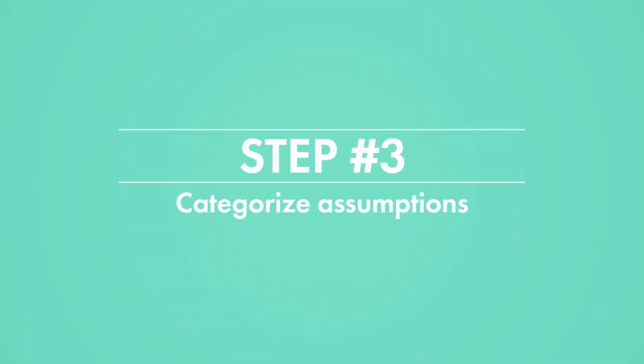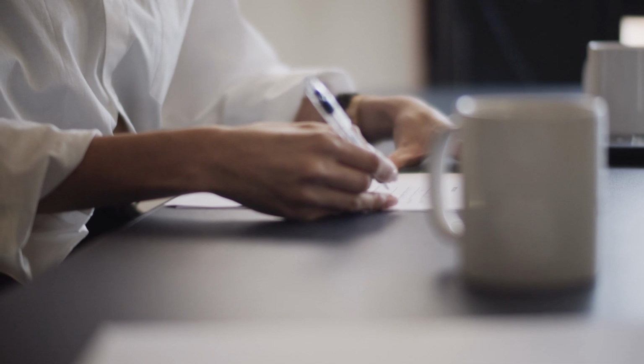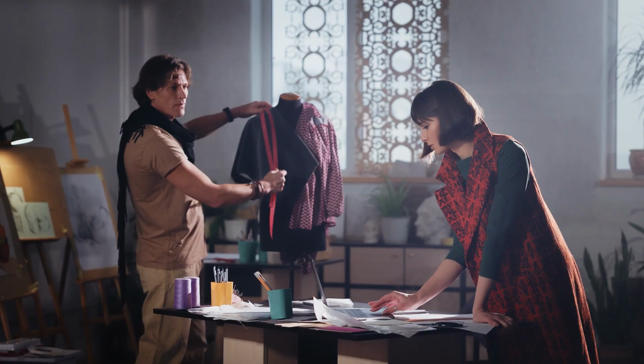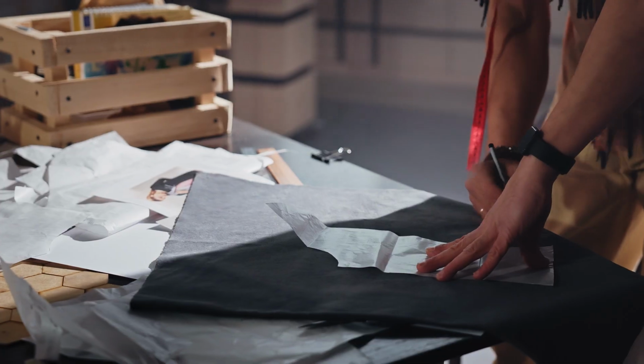After writing down all the assumptions, you need to put them into 3 categories: desirability, feasibility, and viability. Desirability is all about gaining confidence that the target audience wants and needs the product or service that you're offering. Otherwise, what's the point in making that? Assumptions about feasibility are related to your resources.